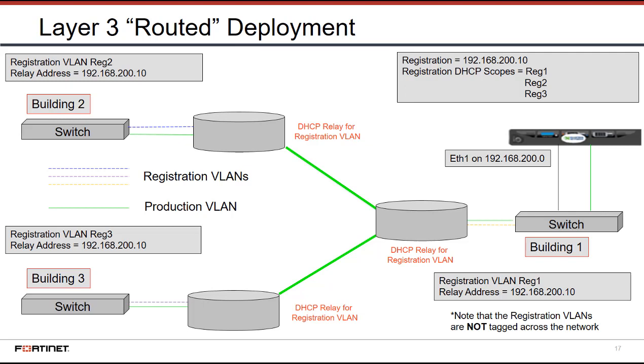And then the FortiNAC eth1 is sitting on VLAN 200, we'll say, in this example, and it's going to have a scope for each of the remote VLANs.